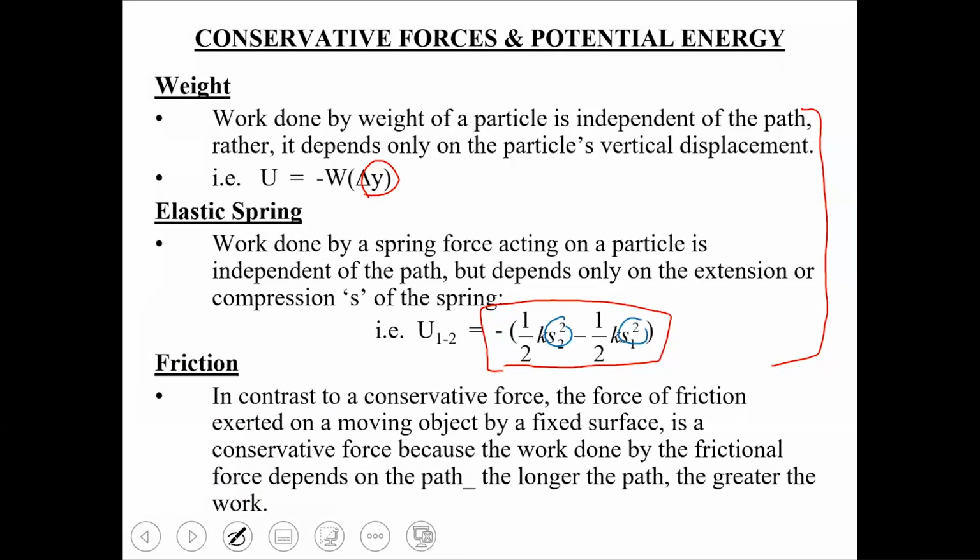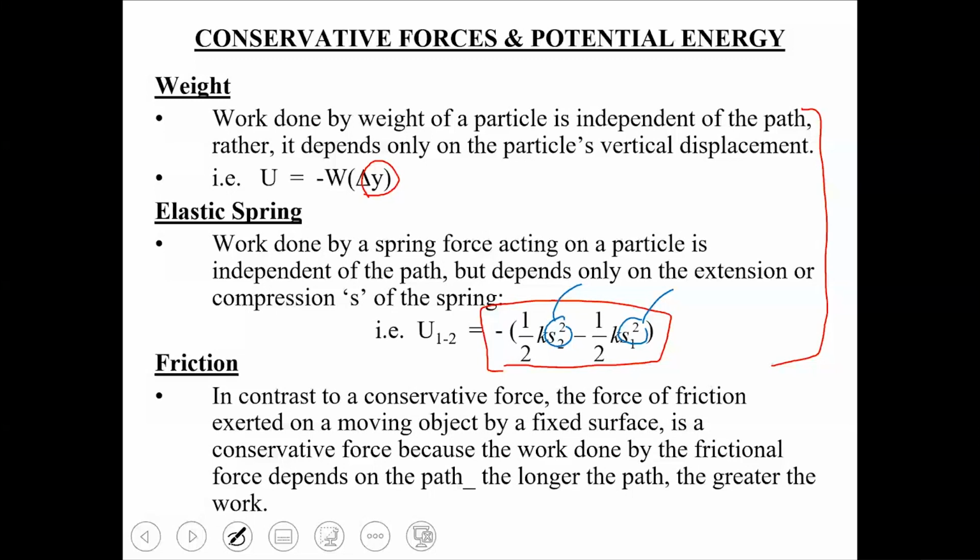S1 और S2, पोजीशन 1 के ऊपर ये स्प्रिंग अपनी अनस्ट्रेच पोजीशन से कितना डिस्प्लेस हुआ है, सिमिलरली पोजीशन 2 के ऊपर ये स्प्रिंग अपनी अनस्ट्रेच पोजीशन से कितना डिस्प्लेस हुआ है. अब वो पार्टिकल बेशक कोई भी पाथ फॉलो करते हुए पोजीशन 1 से लेके पोजीशन 2 तक पहुंचे, the work done only depends upon the stretch or compression in that spring, or the deformation in that spring from its unstretched position at position 1 and position 2. So it does not depend upon the path. So that's why spring force is another example of a conservative force.